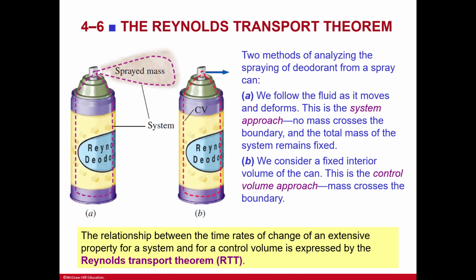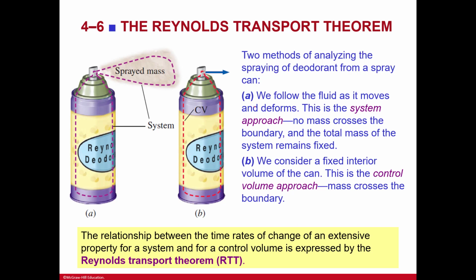So the Reynolds transport theorem, we did talk about this quite a lot when we were talking about the material derivative and how we use the Reynolds transport theorem to take our system, or what we are looking at, and then flow it through a control volume and analyze that. You can also look at it as two methods of analyzing spraying of deodorant from a spray can.